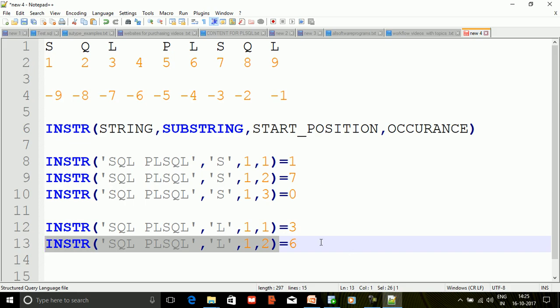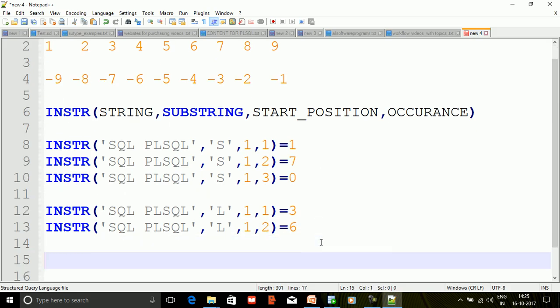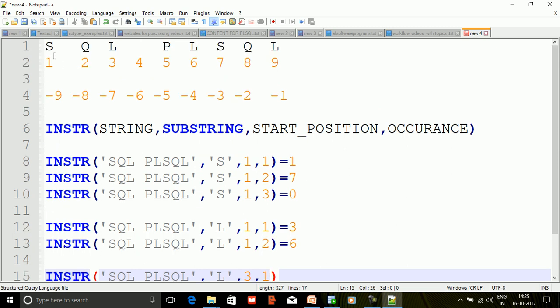Next, now every time you are asking the engine to check from position 1 only. I don't want to ask the engine to check from position 1. I want to ask the engine to check from position number 3, and I want to know the letter when it occurs the first time. The engine will not start from here.